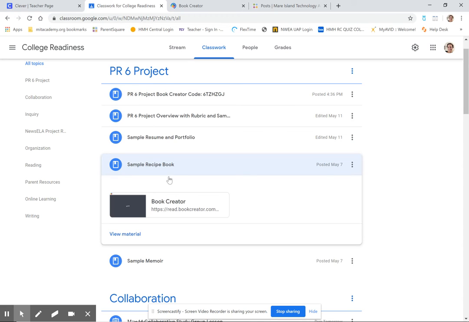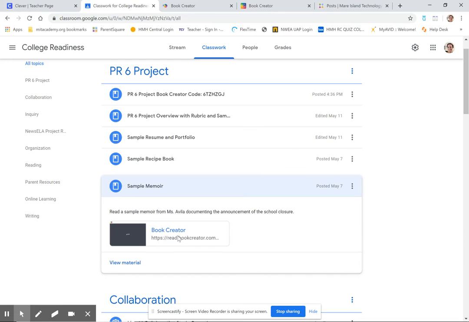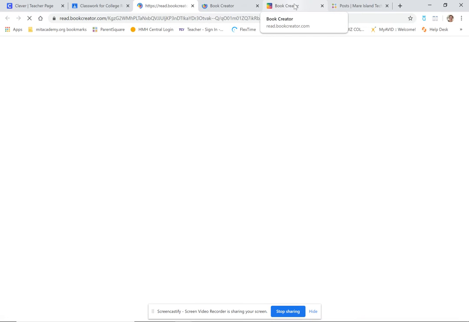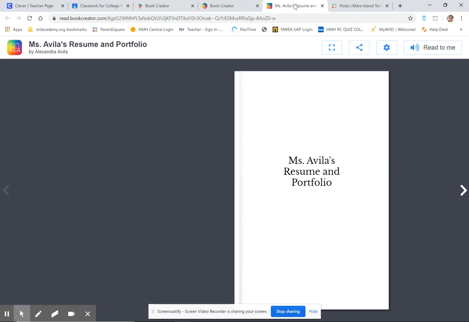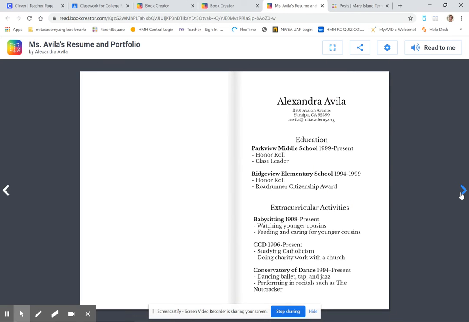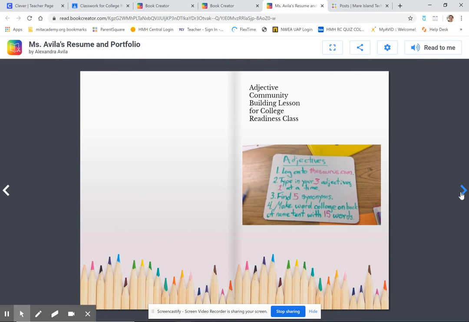And I have samples of what the students' work can look like. So here I have my 6th grade resume and portfolio. This is 6th grade Miss Avila with her education and extracurricular activities, as well as an adjective community lesson.